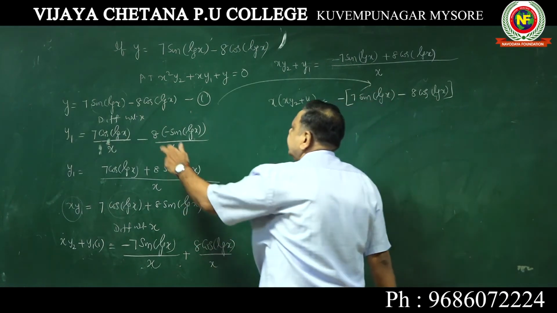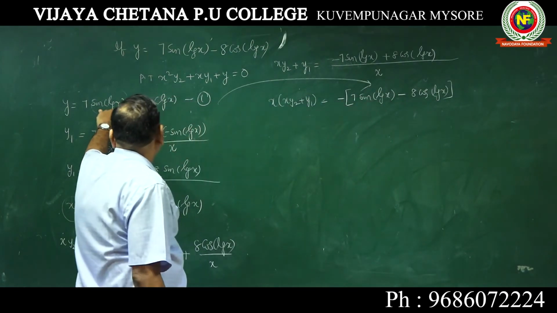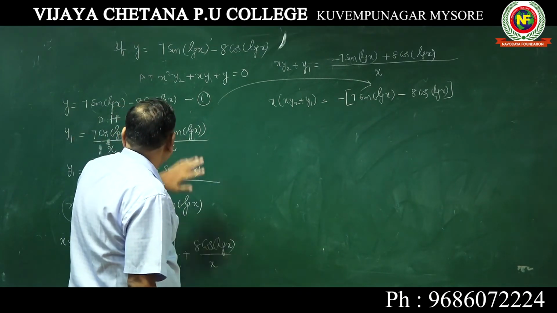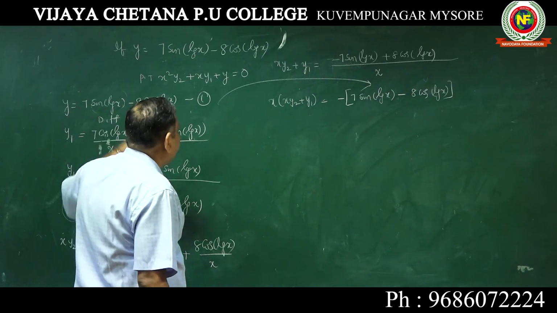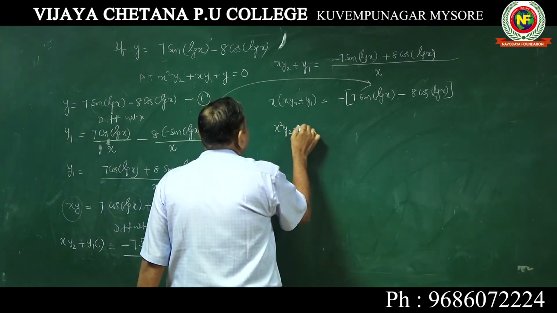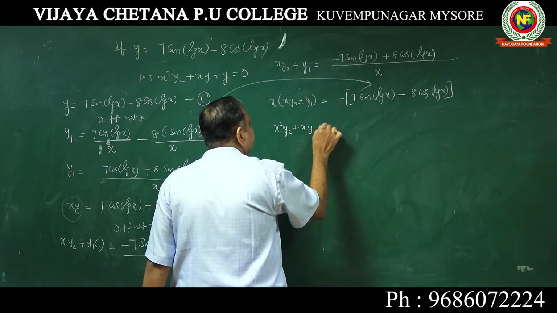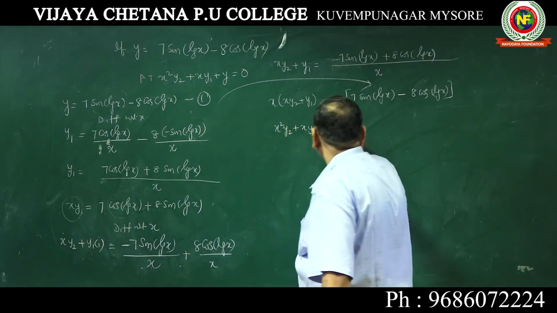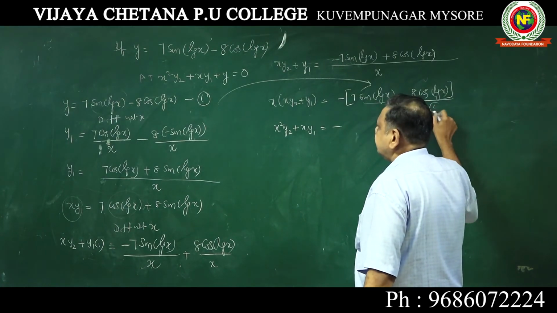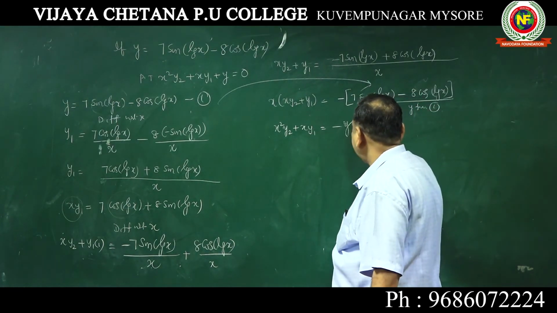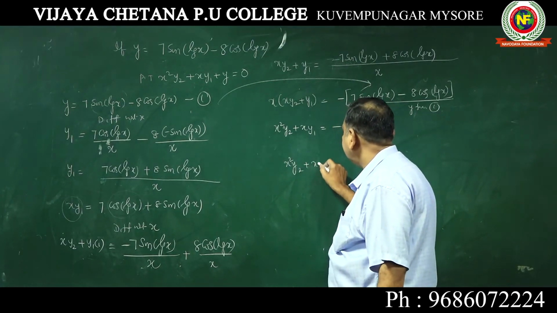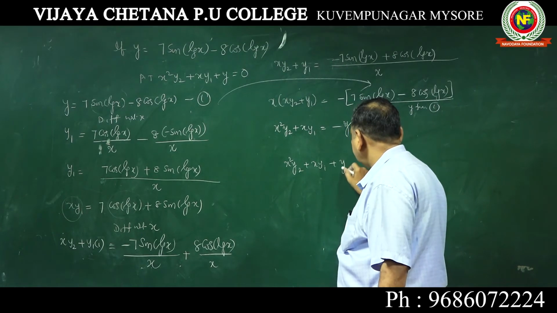See, same thing, 7 sin log x minus 8 cos log x is your y from equation 1. So cross multiplying, x square y2 plus x y1 is equal to minus y, so x square y2 plus x y1 plus y is equal to 0.